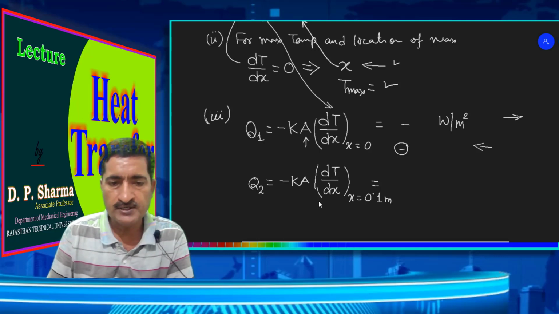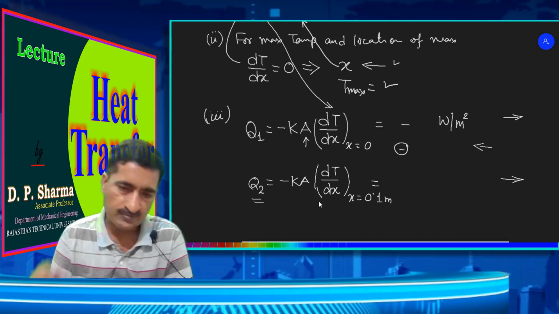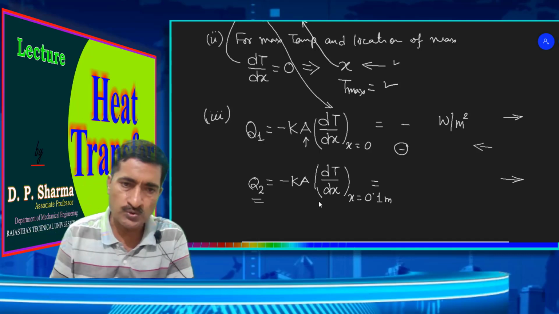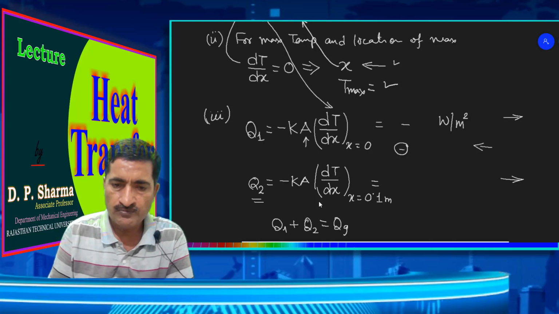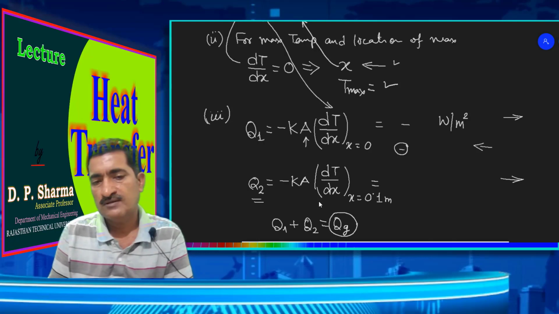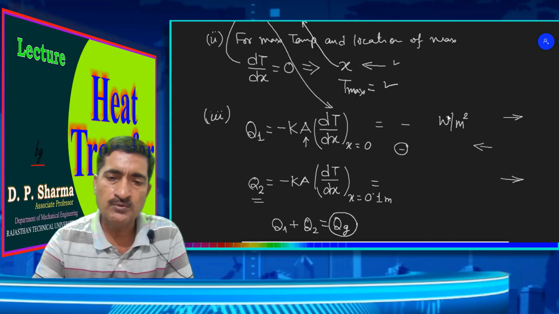So you will get Q2 and its direction. The sum of Q1 and Q2 should be equal to Qg. To check the answer, the value of Q1 plus Q2 should be equal to Qg.